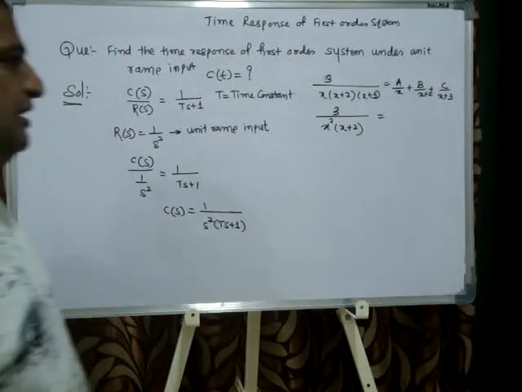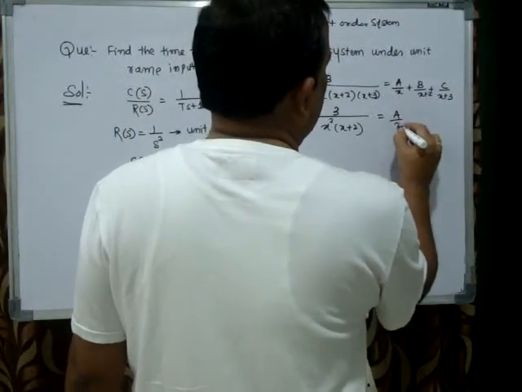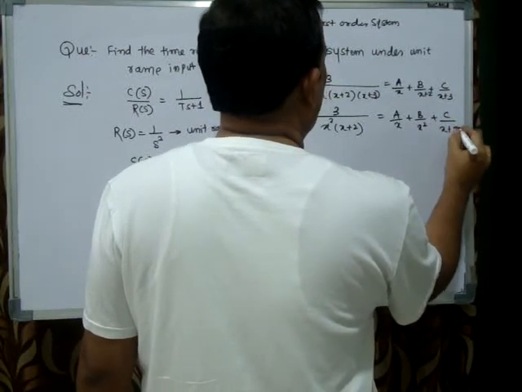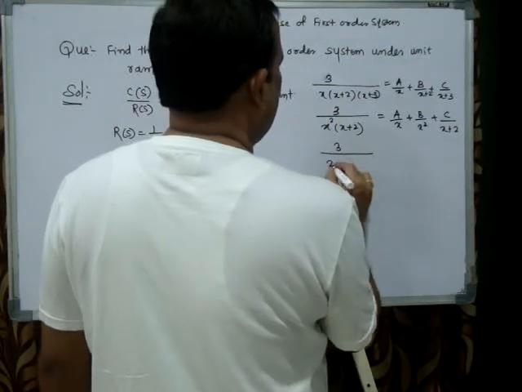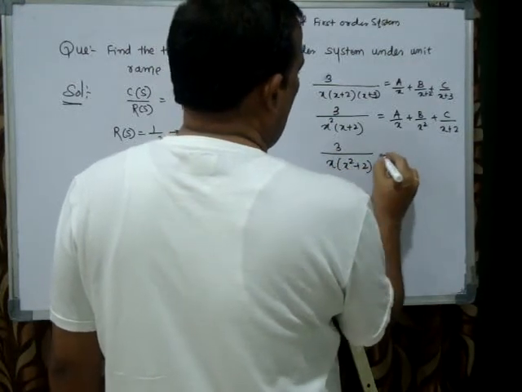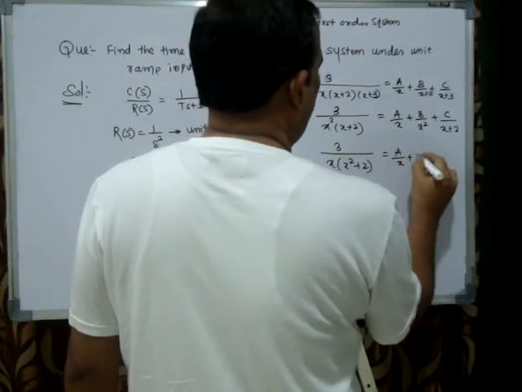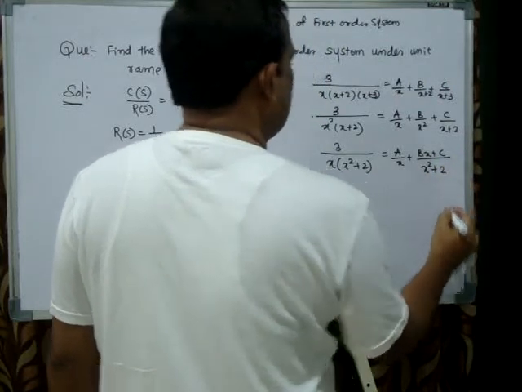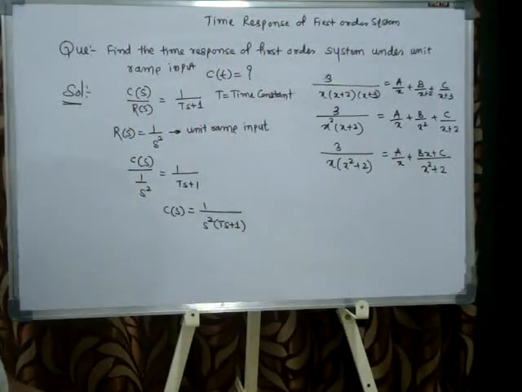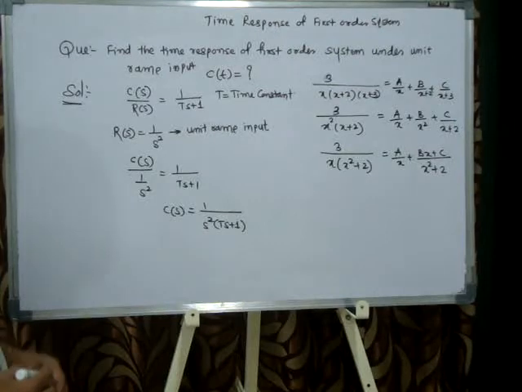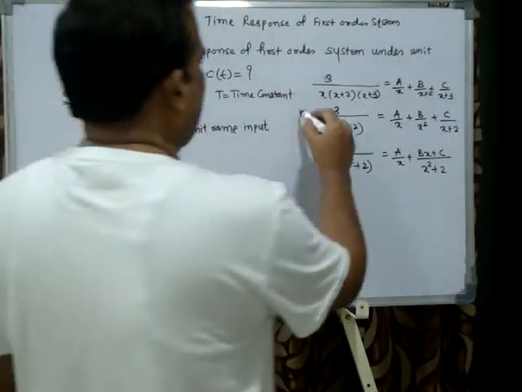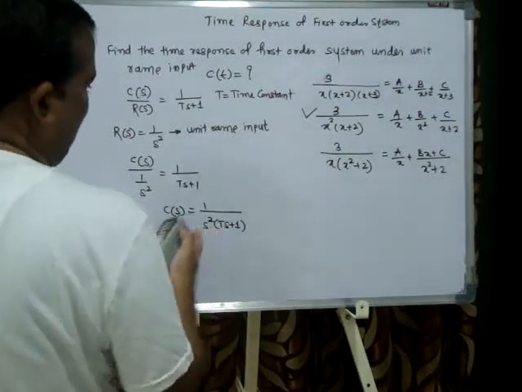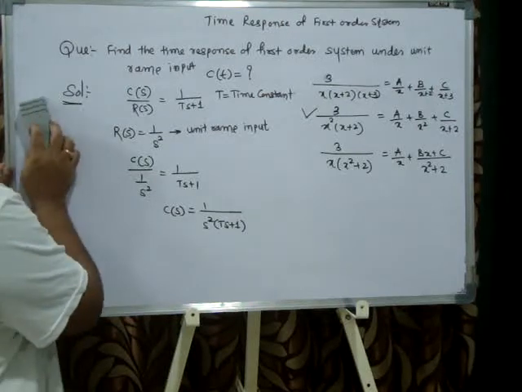Once again A, B, C, but in this case the way of writing is A by x plus B by x square plus C by x plus 2. And one more is x into bracket x plus 2, that is A by x plus Bx plus C divided by x square plus 2. Now in this case I have to apply the second formula to find the A, B, C values. You find here also the highest power of s is 3, so that you find A, B, C values.